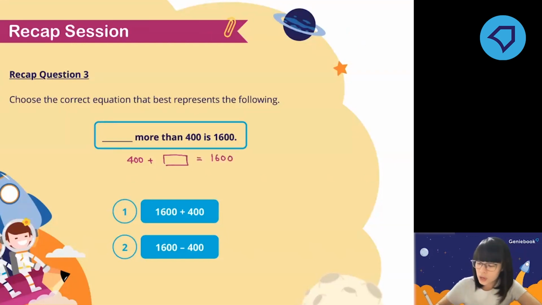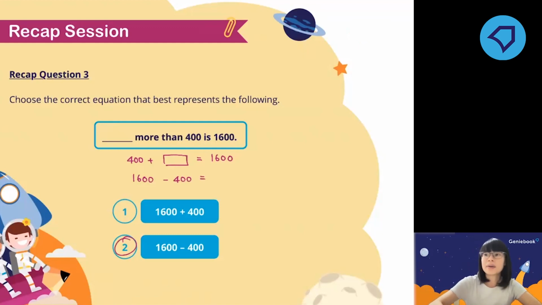So in order for you to find this missing number, you need to do subtraction. So you need to take 1,600 minus 400. So the answer would be option number 2. Again, the question should be phrased such that which of the following should you do to find the missing number? Yes, you are correct. This is what we call indirect more than, or indirect addition.